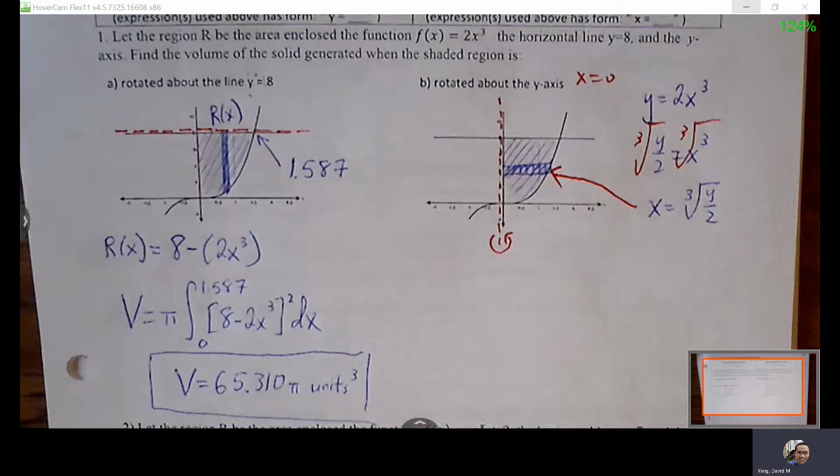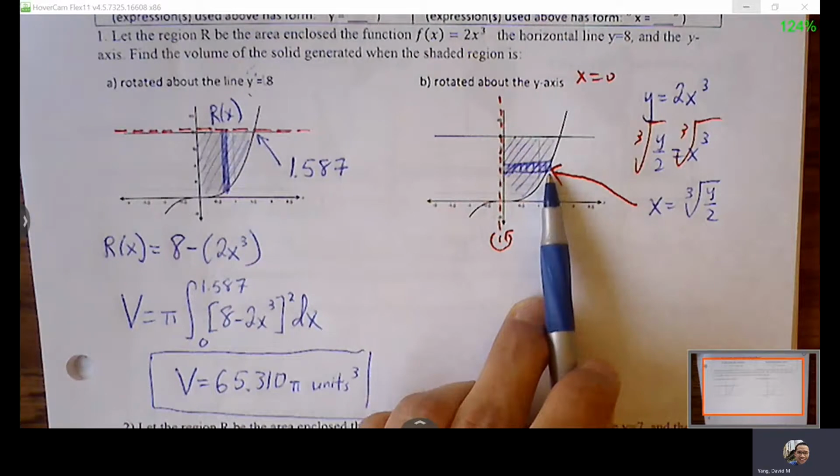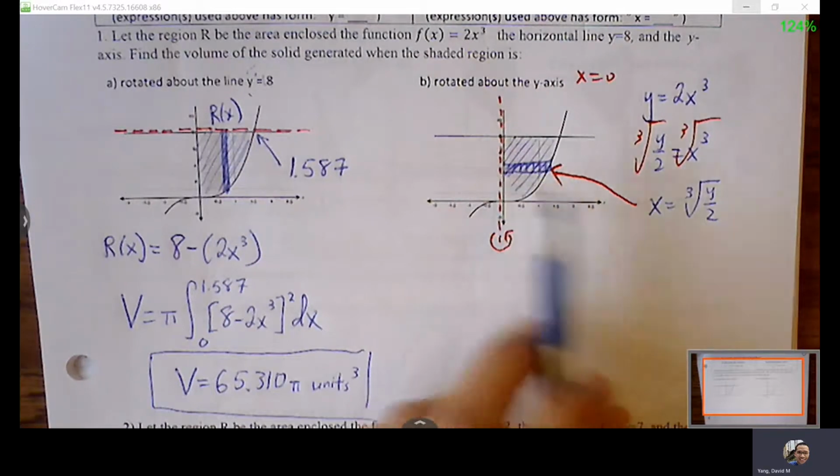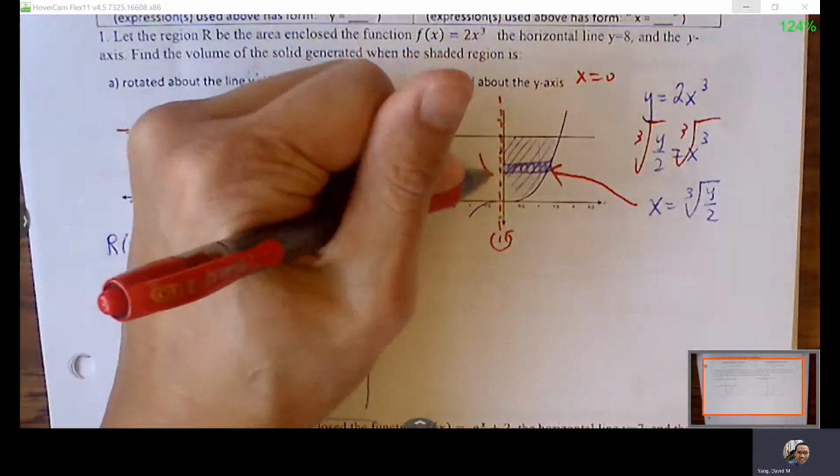That's going to be the right endpoint of the rectangle hitting the curve, and the left endpoint is touching that x equals 0.